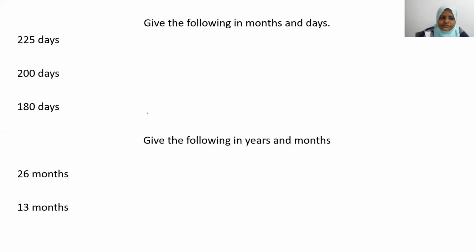Okay, so if it is 225, the first thing you do is see how many 30s are there. 30, another 30 is 60, another 30, 90, another 30, 120, another 30, 150, another 30, 180, another 30, 210.